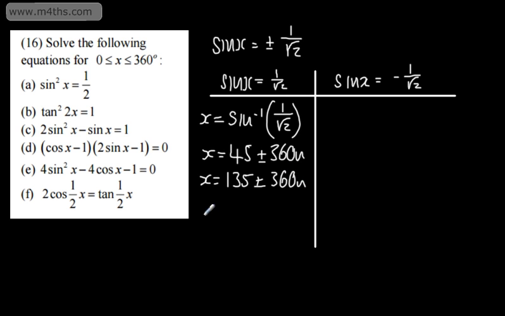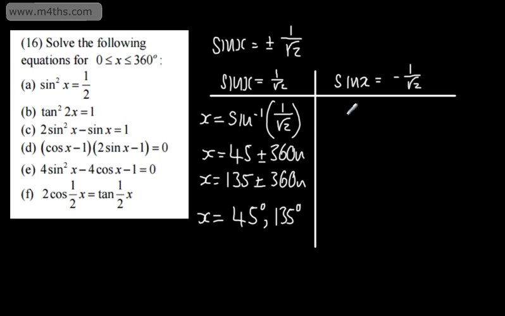Okay, so from here we can see that this is going to yield the two solutions in the given interval, as if I add or subtract multiples of 360, or if you like, change the value of n, we're going to go outside the interval. So we've got 45 degrees and we've got 135 degrees.